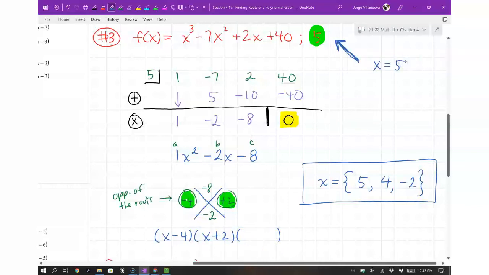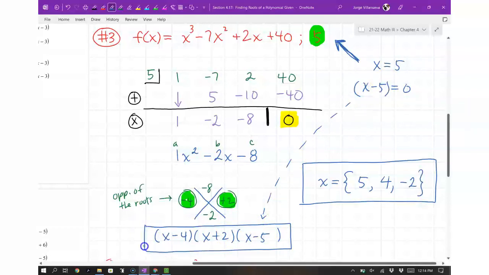That's one of the answers, right? X equals 5. So just move it over. So that becomes x minus 5 is 0. So that is going to go there. And that's your solution for the factor. So I got my factor and I got my 3 answers.